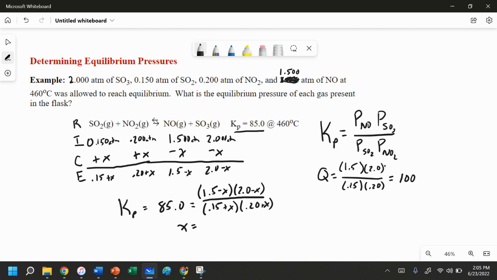Once you solve for X in this expression, you should get 0.013 atmospheres. And I would strongly encourage you to pause this video and make sure you can solve for X.